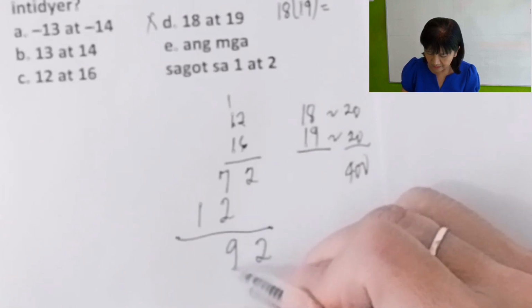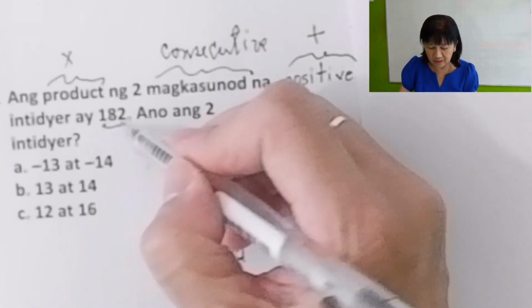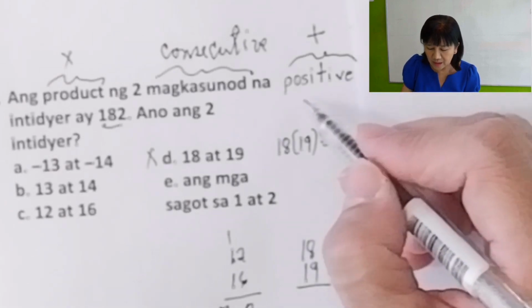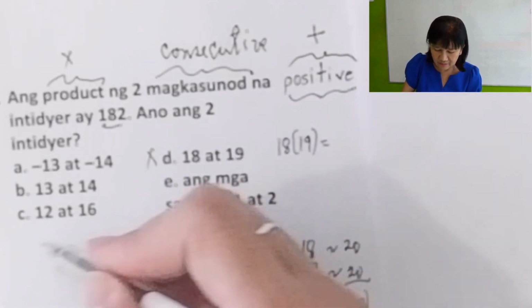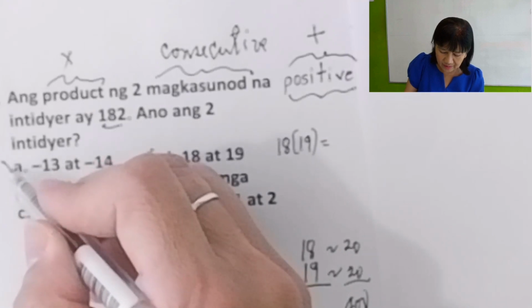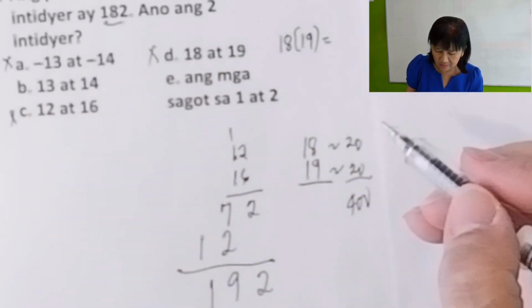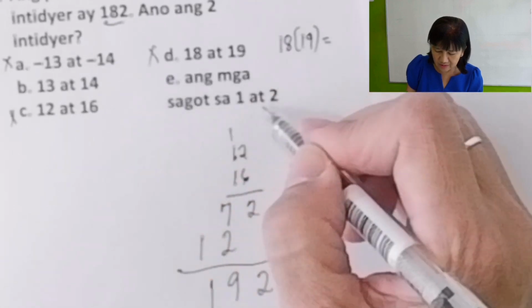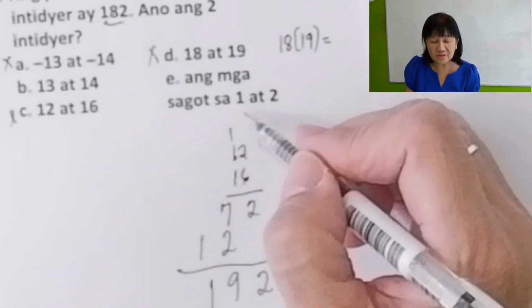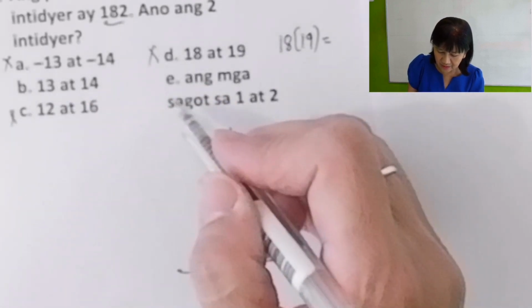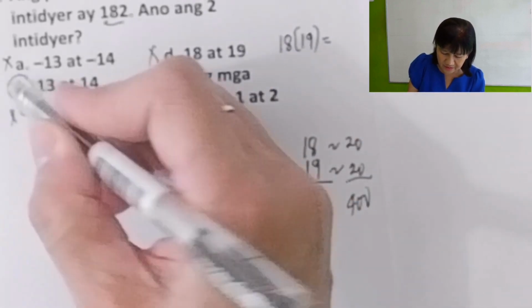See, it's 192. It's not 182. And since the problem is asking for positive, A is already out. C, as we have seen here, is out. So, E is already out. The answers in 1 and 2, A is out, so it cannot be E. So, the correct answer is 13.